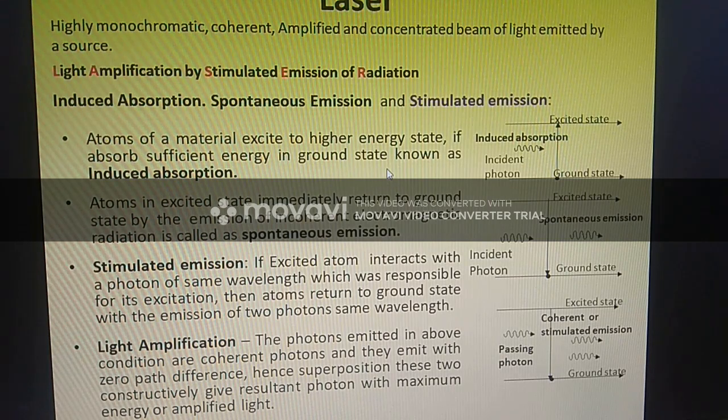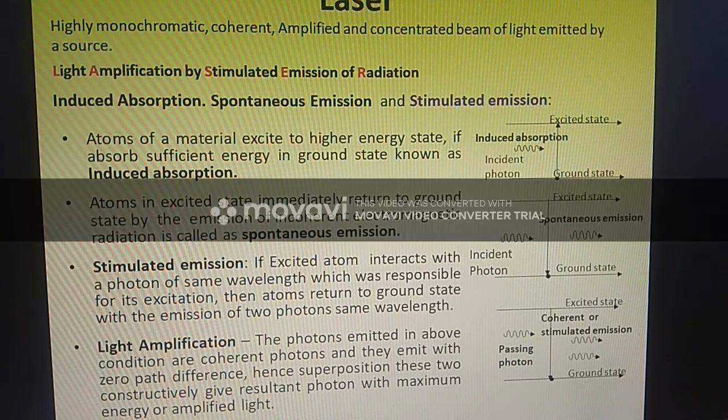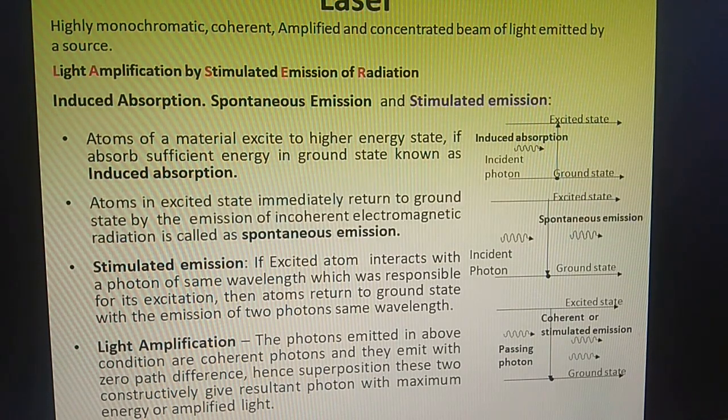Normally, at 0 Kelvin, electrons are in the ground state. When certain energy is applied to the material, electrons go to the excited, higher state. This process is called induced absorption.